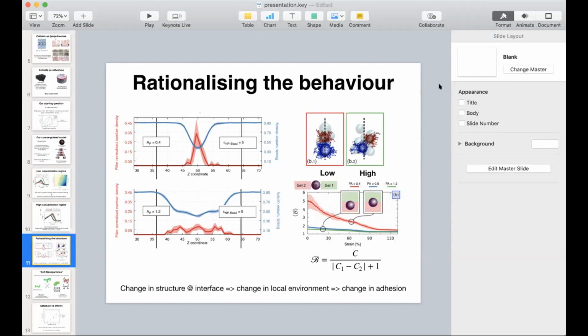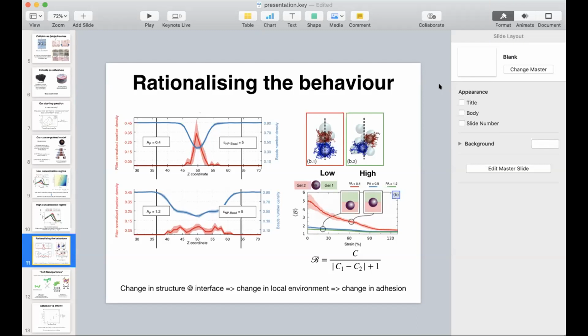And one naively would have thought that this affects the adhesion. And you're saying it doesn't. Well, no, I'm not saying it doesn't affect adhesion. It's just that we were using this parameter B not to compare particles of different size, but to compare what happens when you have particles of the same size but a different concentration at the interface.